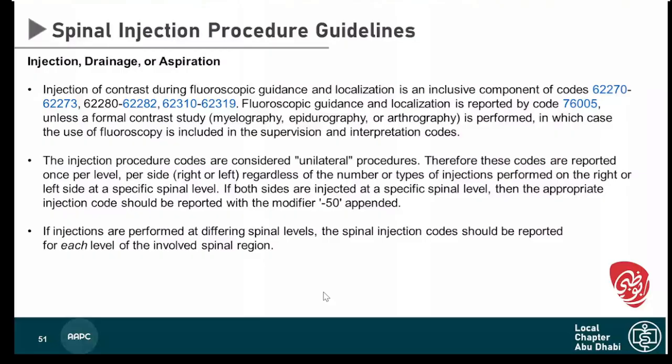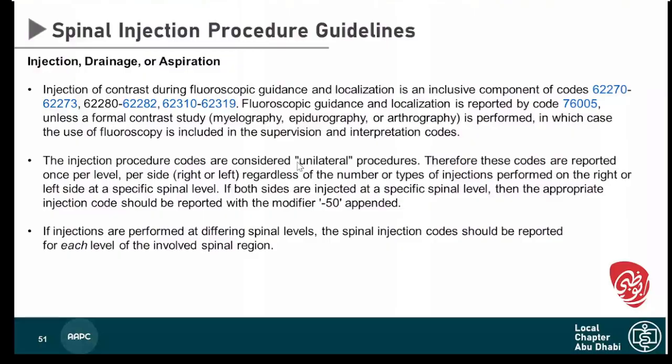But the CPT codes for imaging guidance are included in the injection procedure code, so no need to report separately. Then mostly the injection procedure codes are unilateral codes. So if a physician performs these injection procedures bilaterally, then we have to append modifier 50 bilateral.